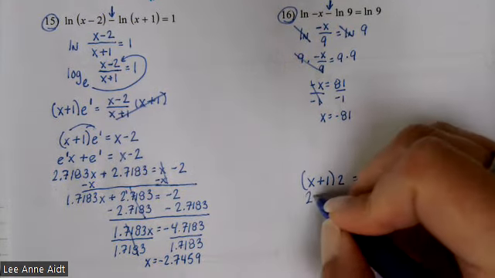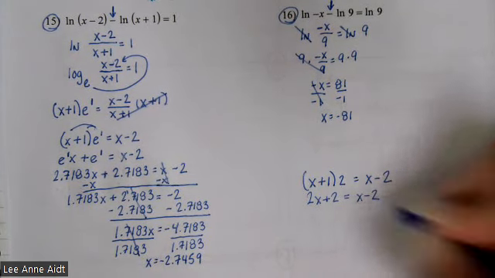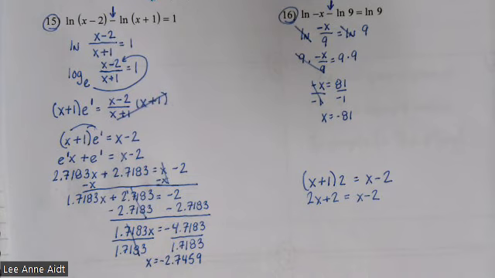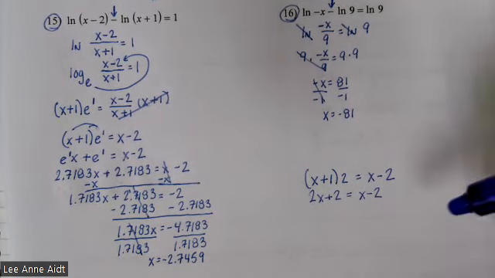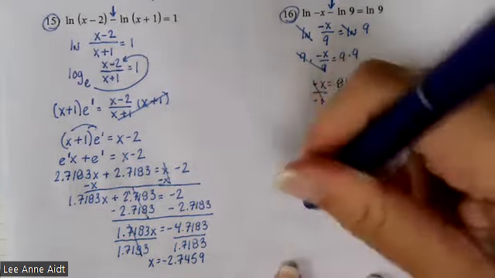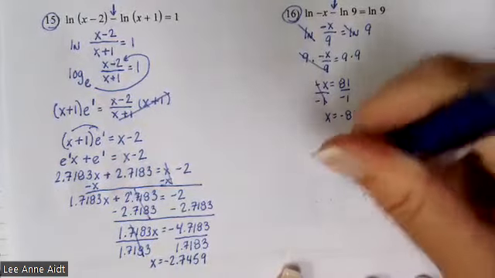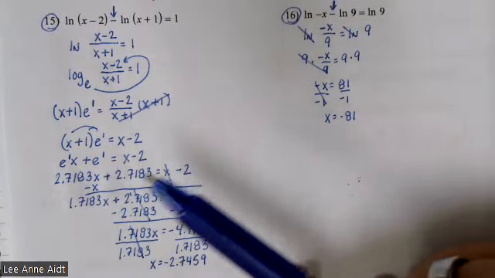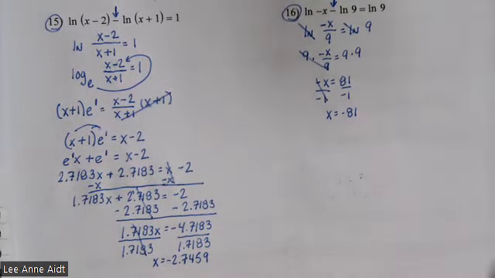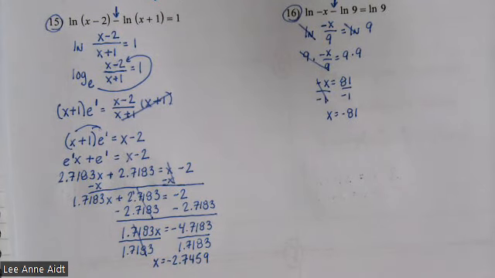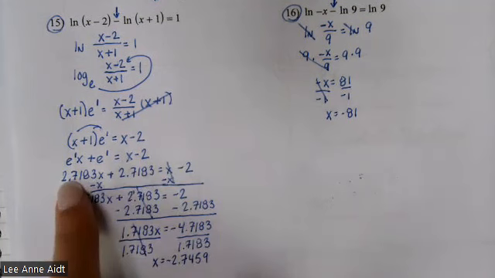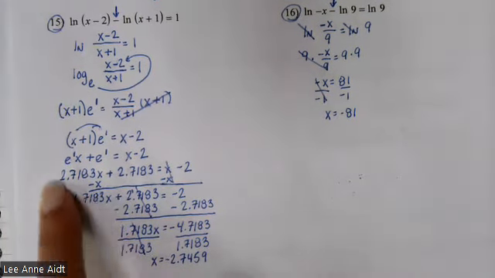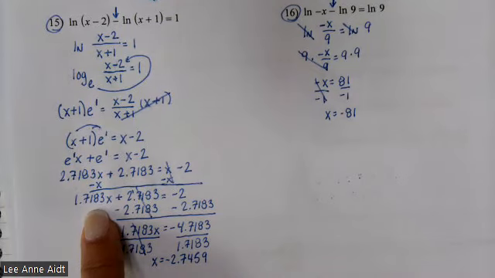Distribute it, so 2x plus 2 equals x minus 2. And then what would you do after that, Nolan? Are you sure? Do you see the minus x? Okay. It's just gross because of the decimals. You thought I just magically subtracted x and then it got the same thing. Okay, sorry about that.